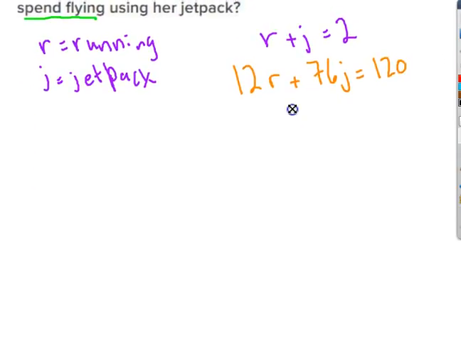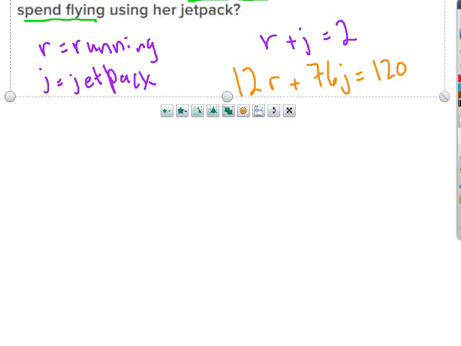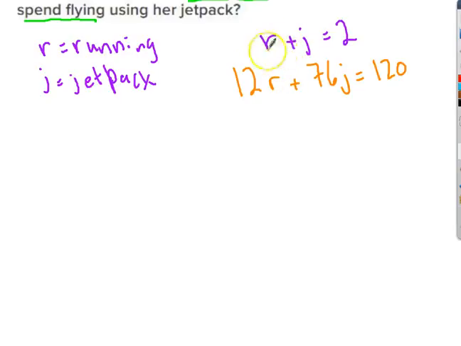We have been solving this using the table method, but I'm actually going to go ahead and solve it using the elimination method. So I'm going to rewrite this equation after I multiply this top one by -12. And the reason for that is that I'm going to create a system where the top equation is going to eliminate or cancel with the bottom equation.